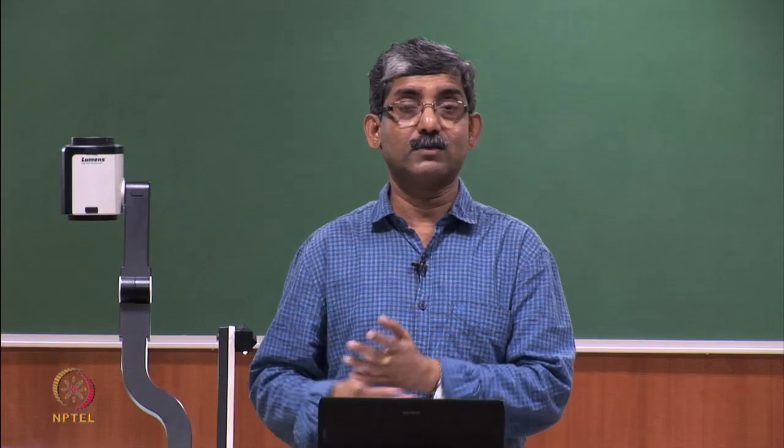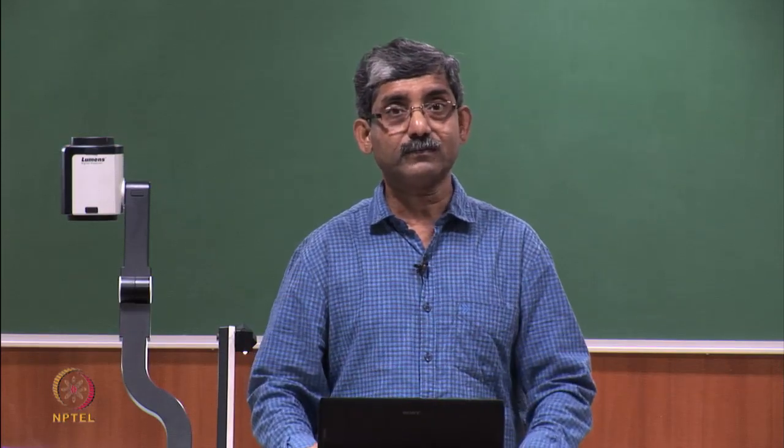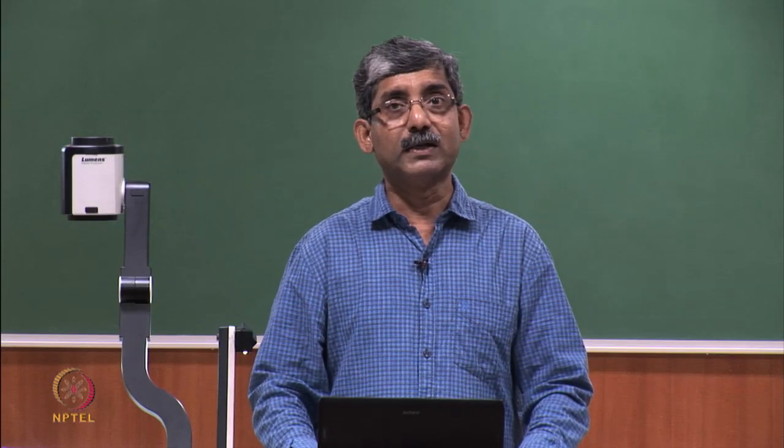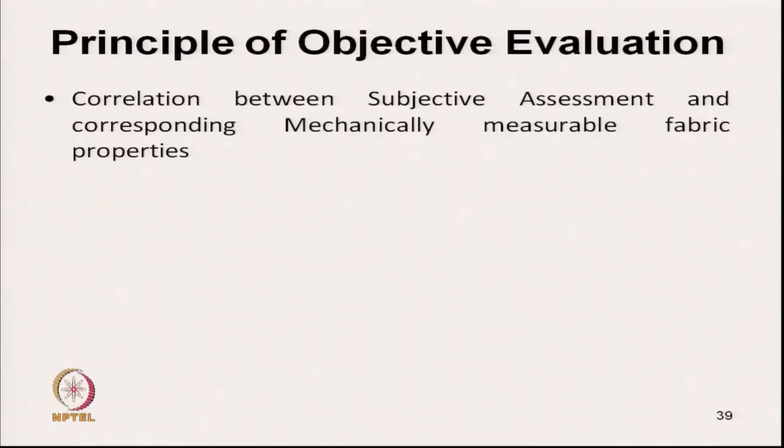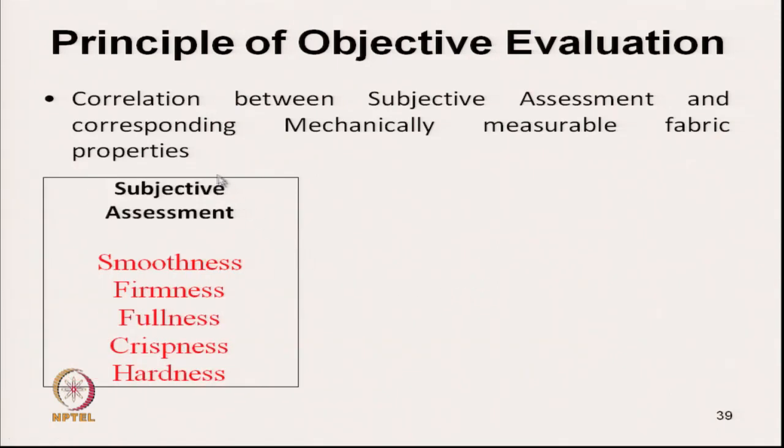There will be another course, the advanced testing of textile materials, where these things will be discussed. The principle is the correlation between the subjective assessment and the corresponding measurable mechanical fabric properties. The subjective assessments are smoothness, firmness, fullness, crispness and hardness.